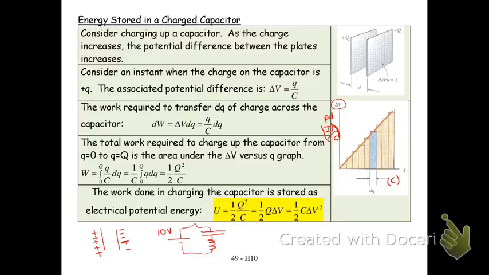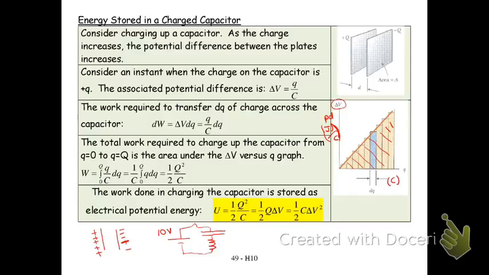It means something, but I have no idea what. But if I take joules per coulomb and multiply it by coulombs, I get joules. And joules is energy. So the energy is the area under this graph.